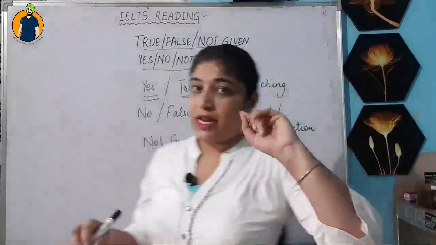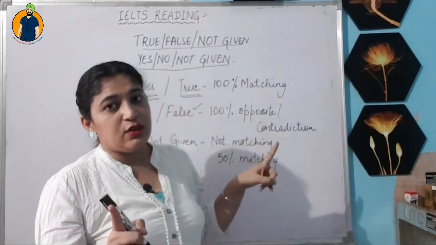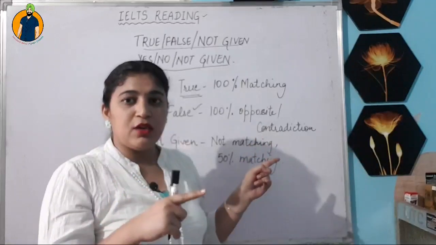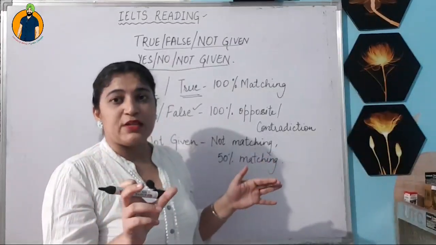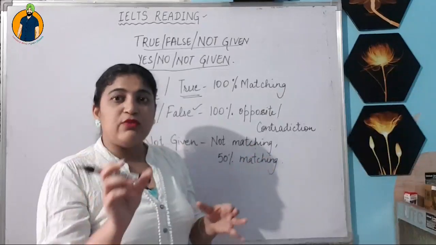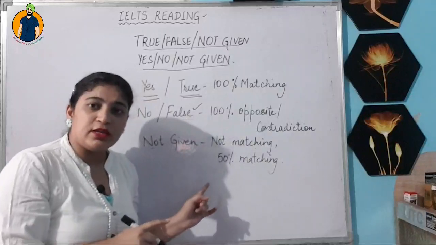And let me remind you about that trick: don't just match the keywords, you have to match the meaning of the question. So if the meaning does not match, and you just find 1 or 2 keywords, then your answer will be not given.